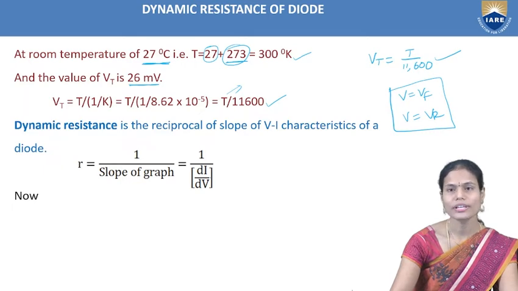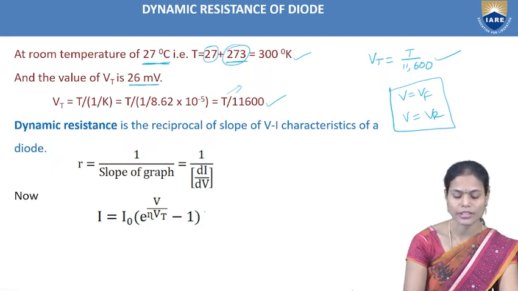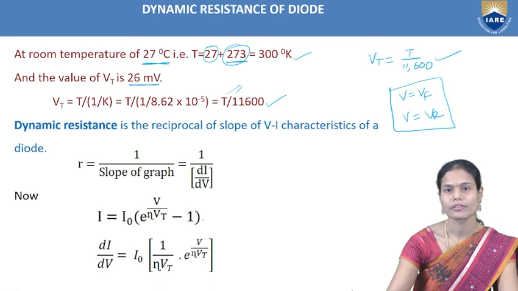Now how can we calculate this particular 1 by di by dv? To calculate this value, first of all we have to calculate the di by dv value. For that we first require the diode current equation, that is I equal to I naught into e power v by eta vt minus 1.